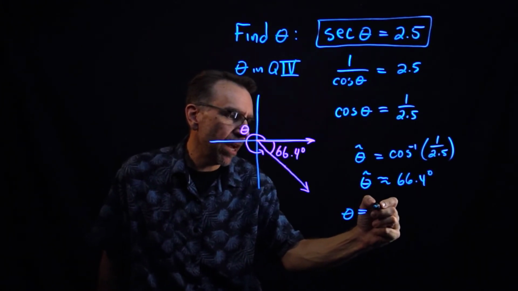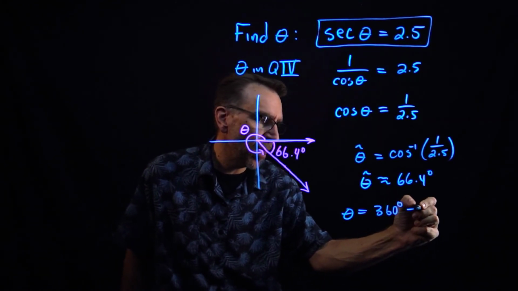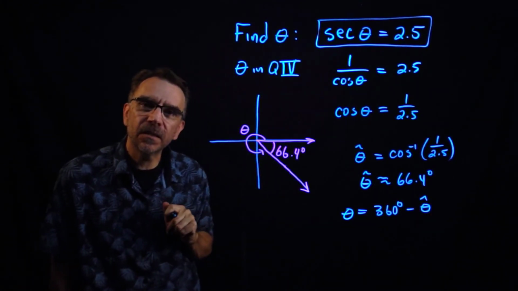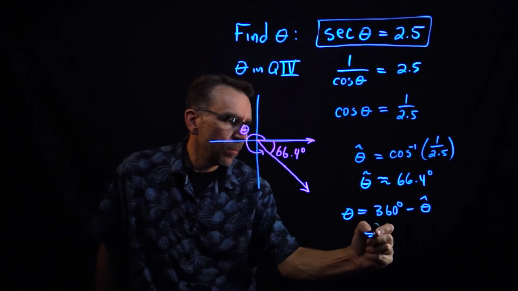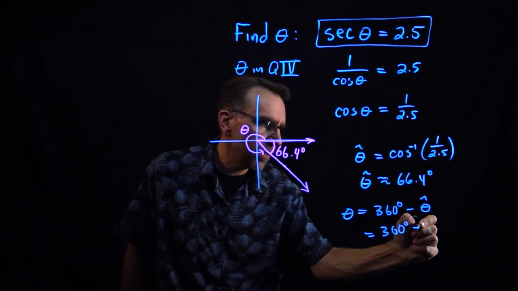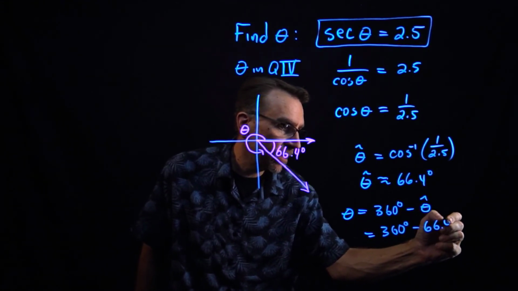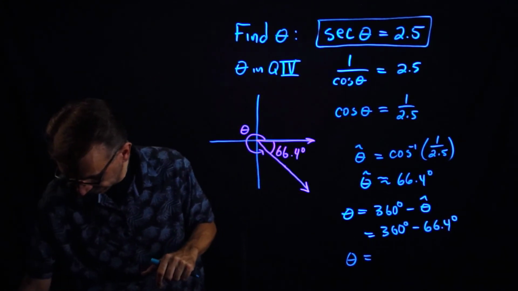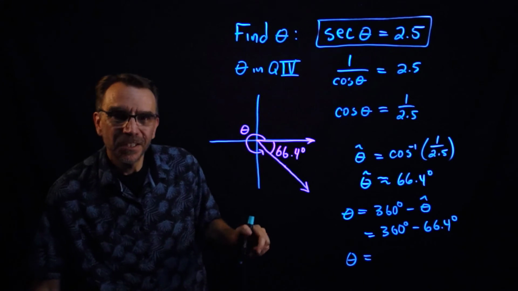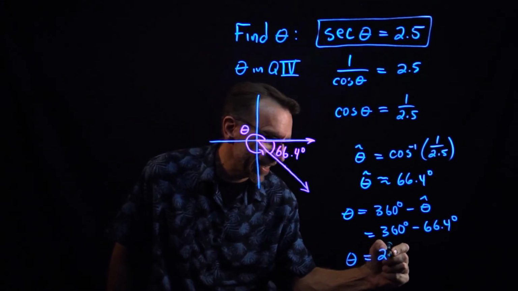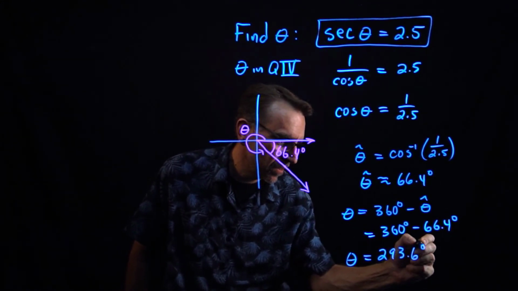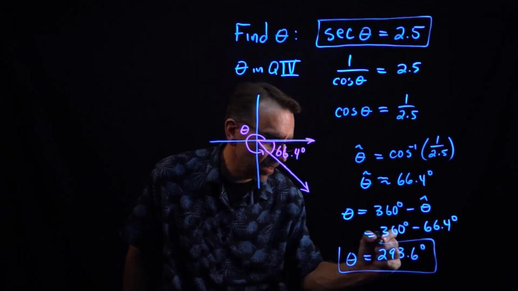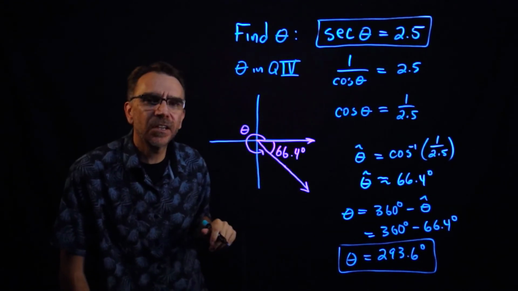So the theta that we're after is going to be 360 minus the reference angle. Making the calculation, we're going to say 360 degrees minus 66.4 degrees. The theta that we're after is equal to 293.6. So 293.6 degrees.